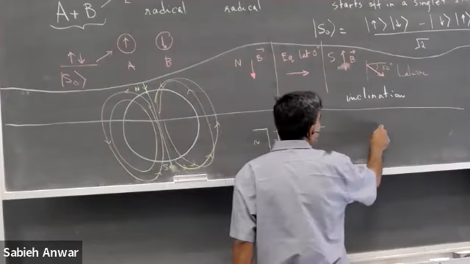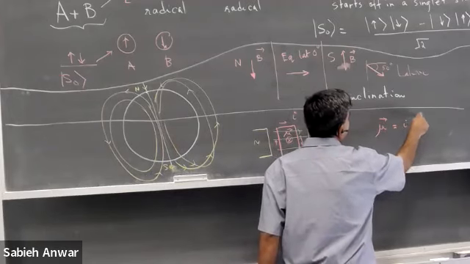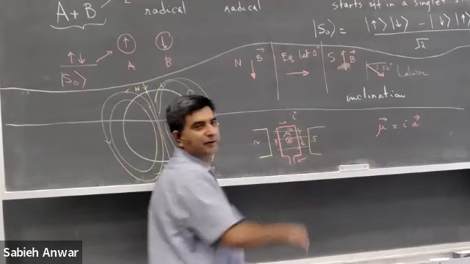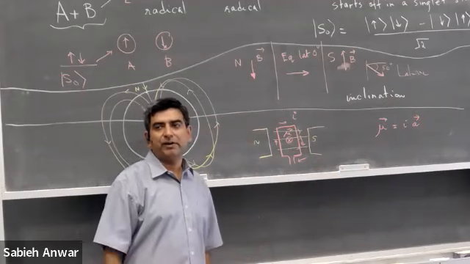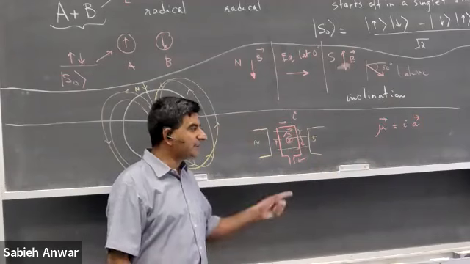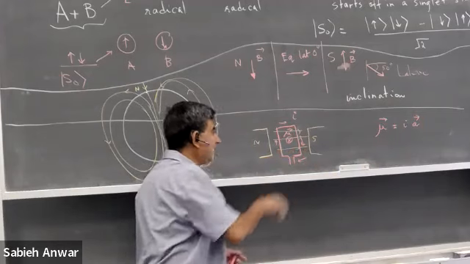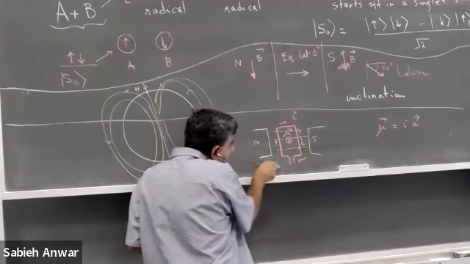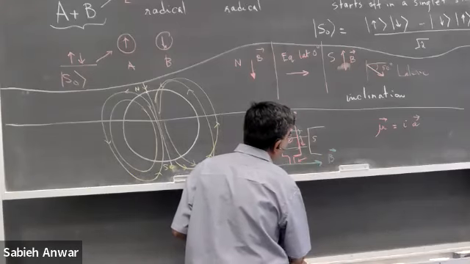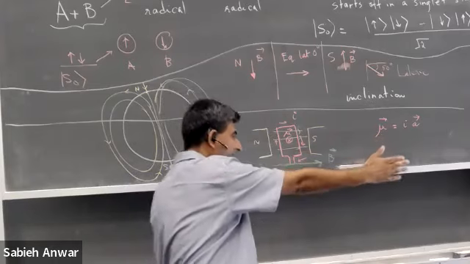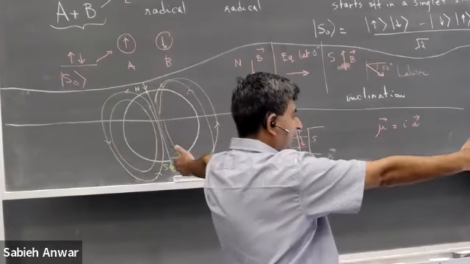You might remember from your school days that this mu is equal to the current times the area enclosed by this current carrying coil. Now this magnetic moment is pointing inwards, and you have a magnetic field B pointing from left to right.